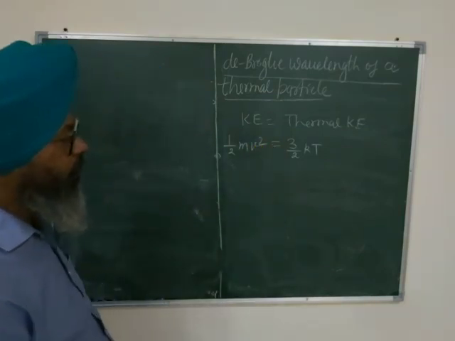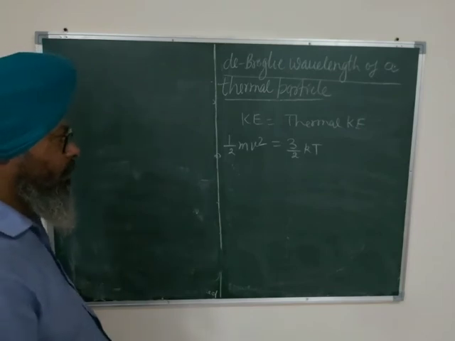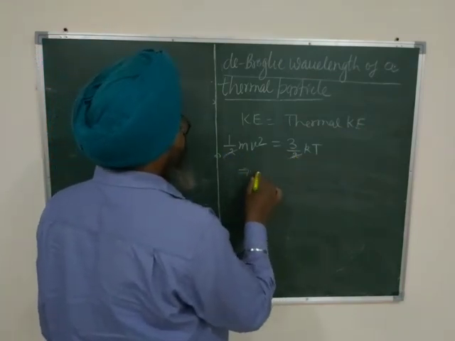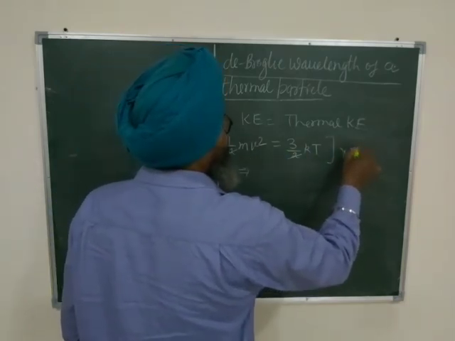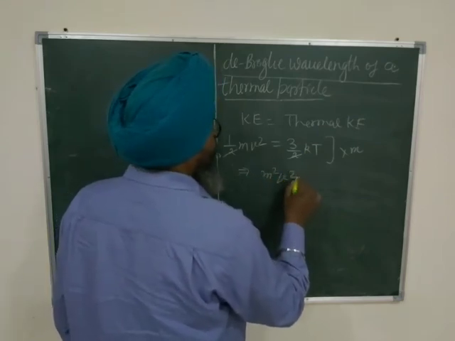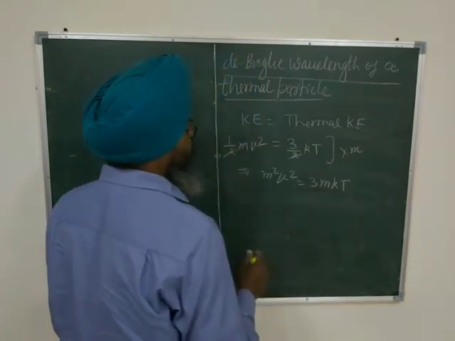Again, I assume that before giving the thermal energy, the neutral particle was at rest. So this 2 and this 2 will get cancelled. If I multiply both sides by m, then the left hand side will become m square v square is equal to 3m kT, where m is the mass of the neutral particle.